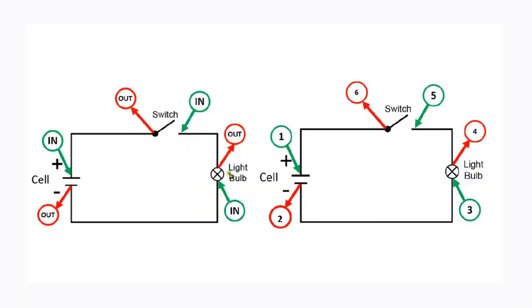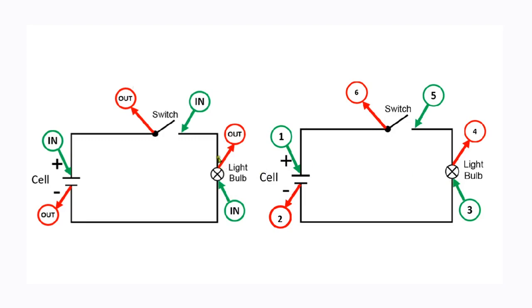I have brought both the patterns onto one page, and you will see on our left hand side the ins and outs, and on the right hand side the numbers. Remember, out of the cell there's a conductor that goes into the light bulb. In other words, number 2 is connected up to number 3.